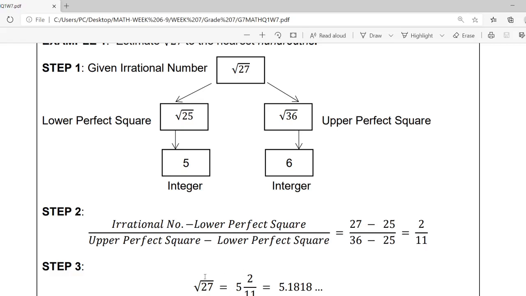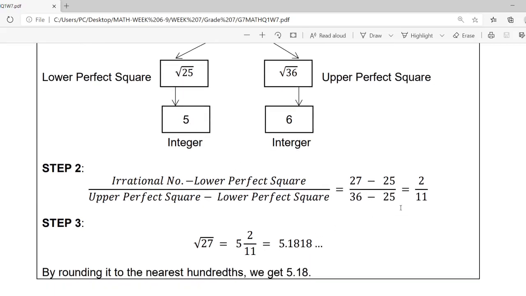So therefore, square root of 27 is equal to 5 plus 2 over 11.